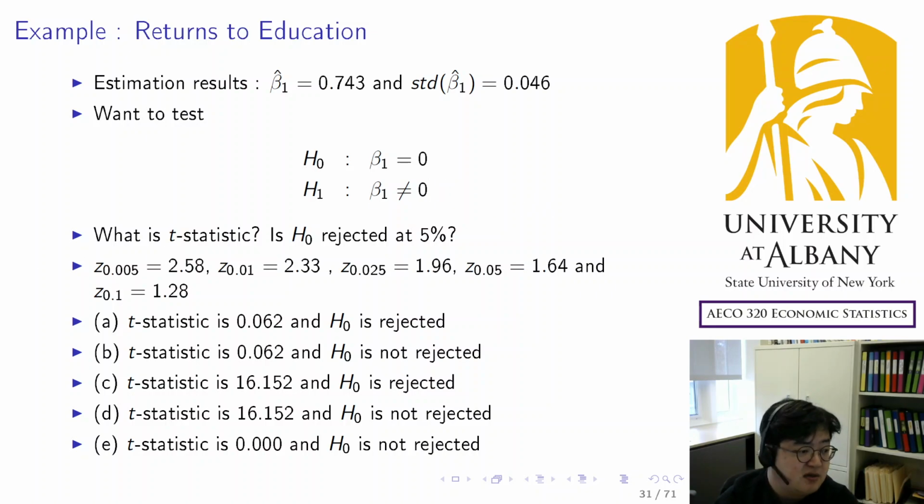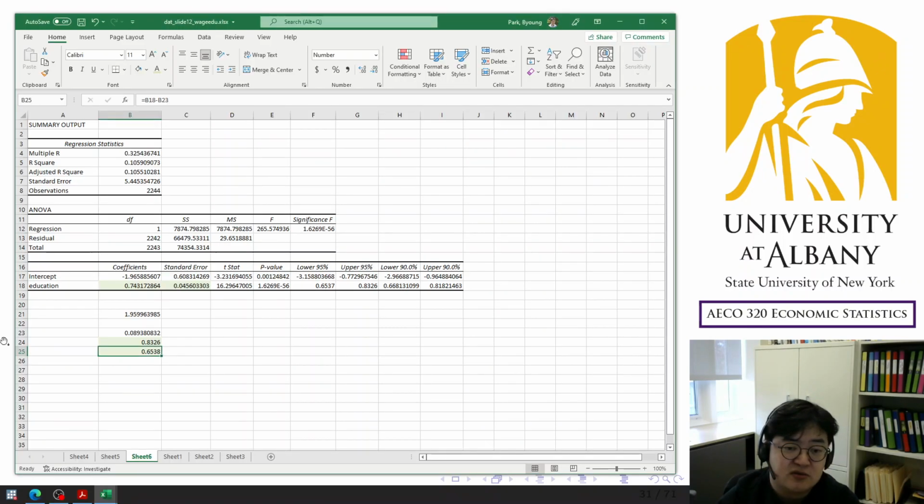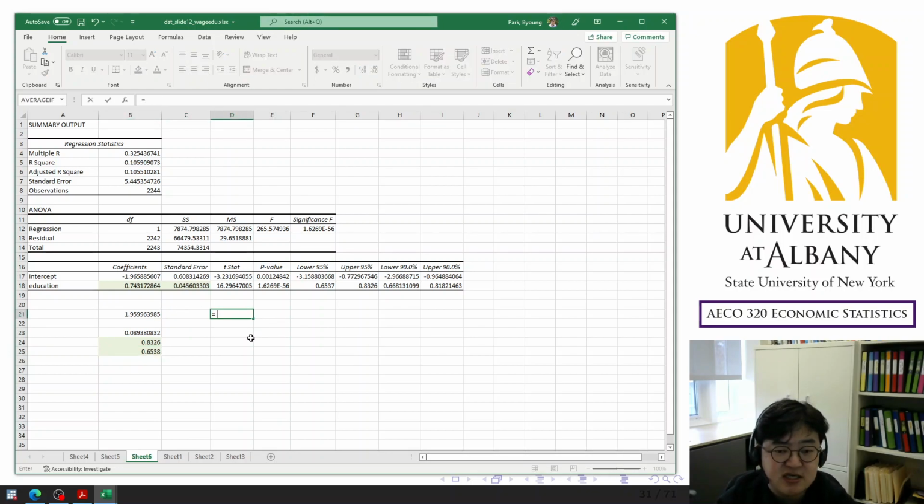Okay, let me do this in Excel. Remember, the t-statistic is the estimator minus your belief, where your belief is 0, divided by the standard error. That is it. This is the t-statistic.